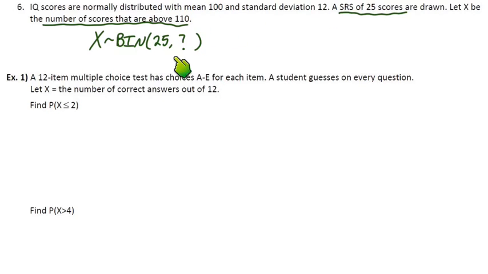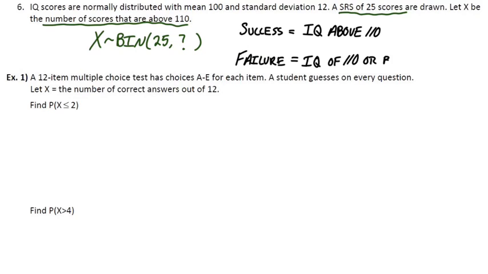Now, what's the probability of getting a score above 110? Well, you'd have to do some normal CDF calculations to figure that out. But a success in this case would be an IQ above 110, and then a failure would be an IQ of 110 or below. So if you could figure this out with a normal curve, normal CDF, you could tell me what the probability of a success would be. And that's actually pretty easy, but we're not going to do it right now.